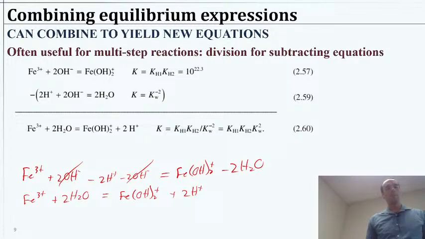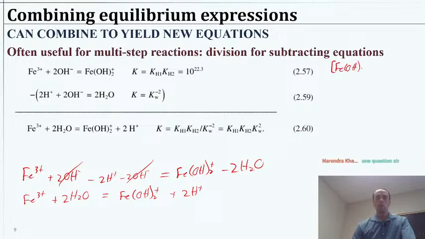And ultimately what's going to happen with our rate constants then, what we had at first was, let's say the products here being FeOH2 plus divided by the Fe3 plus here, times the OH minus squared.